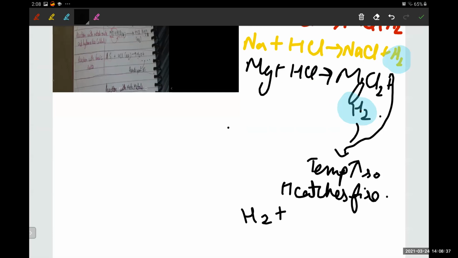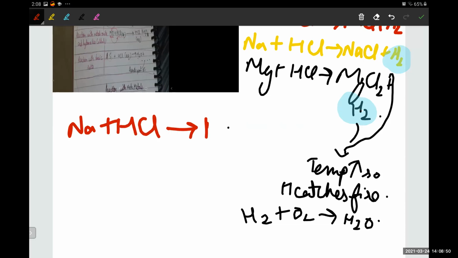H burns in oxygen to give us H2O. That means water vapors will be formed. So at last, if I talk about the example again, we'll be getting NaCl plus H2O only.